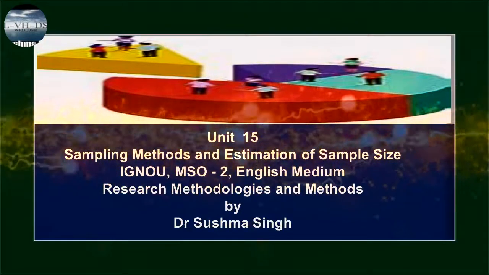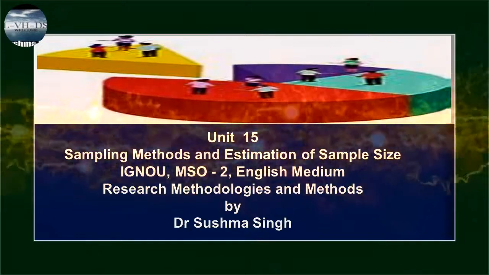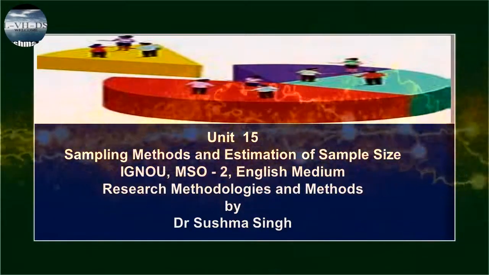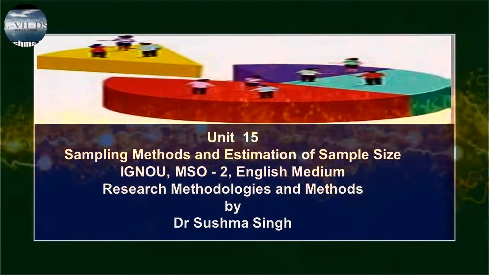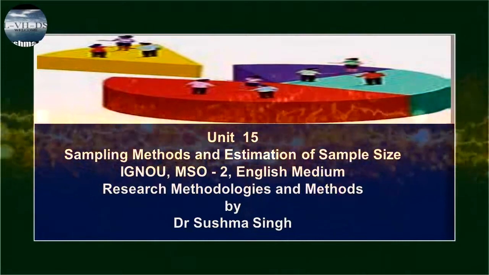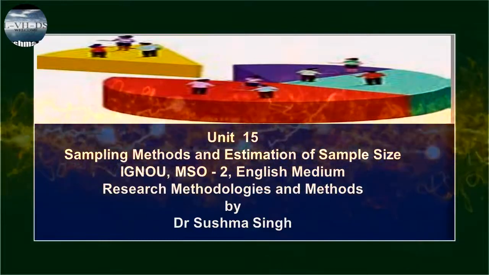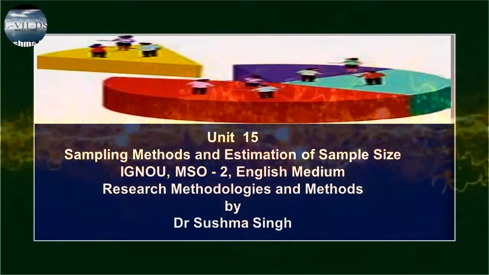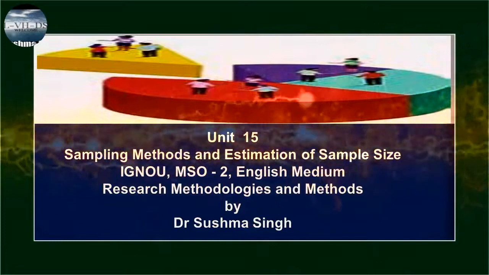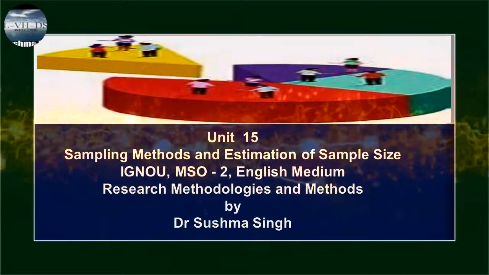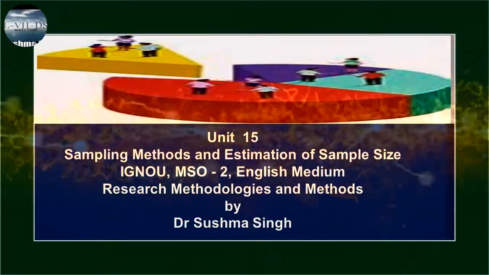Convenience sampling is used in exploratory research where the investigator is interested in getting an inexpensive approximation of the fact. As the name implies, the sample is selected because it is convenient, also called haphazard or accidental.